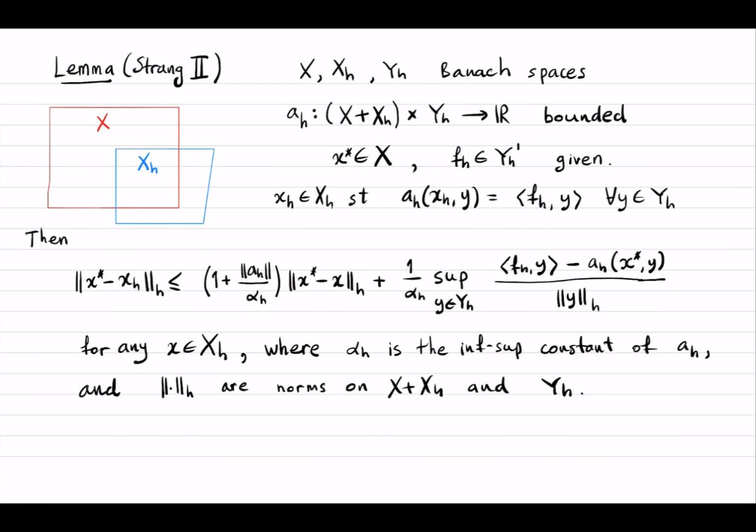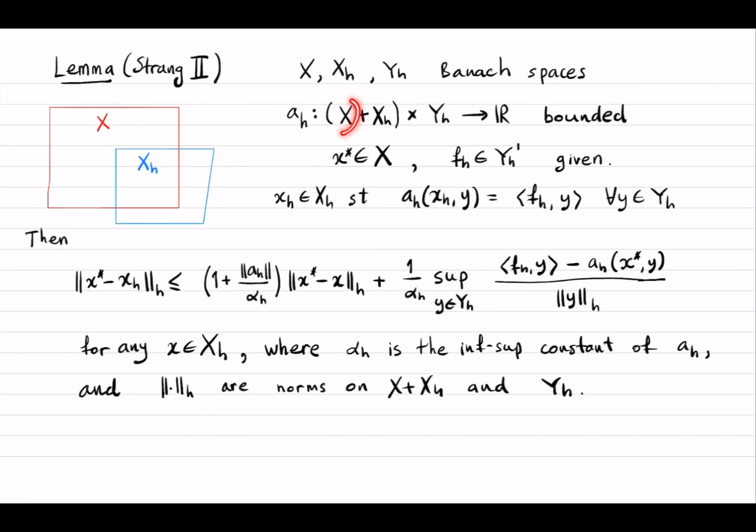Now, the second Strang lemma takes care of the situation with non-conforming methods. In this case, we don't even need to consider the exact equation. What we have is the energy space X, where the solution is in. We have the finite element spaces X_h and Y_h, and we need this approximate bilinear form a_h to be defined on X plus X_h cross Y_h.